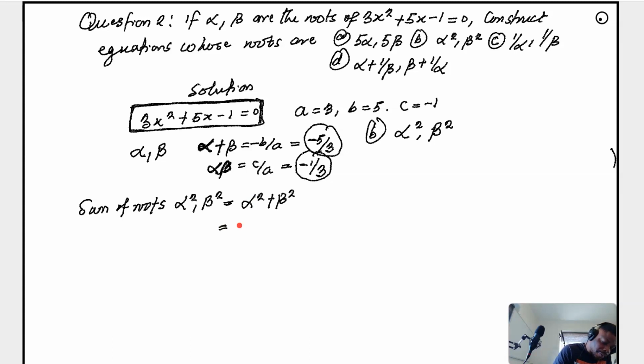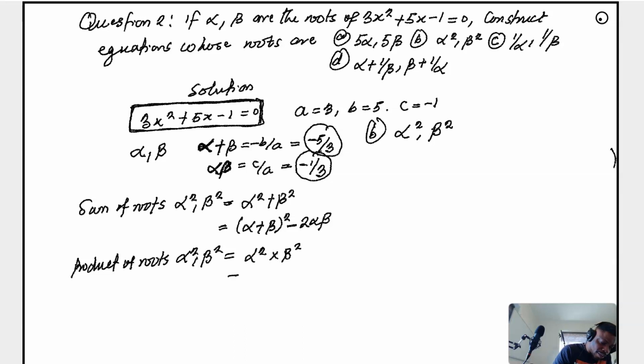Remember, alpha squared plus beta squared is alpha plus beta all squared minus 2 alpha beta. We saw this from the previous question that we did. Then product of roots, alpha squared times beta squared, and that will be alpha beta all squared.